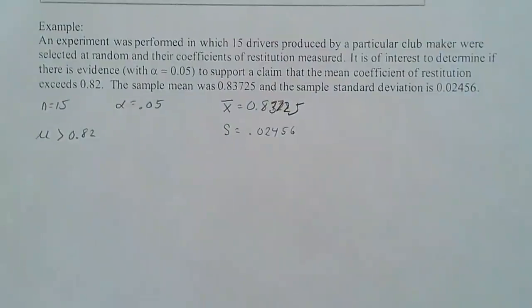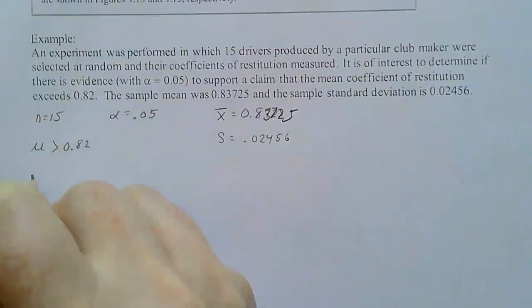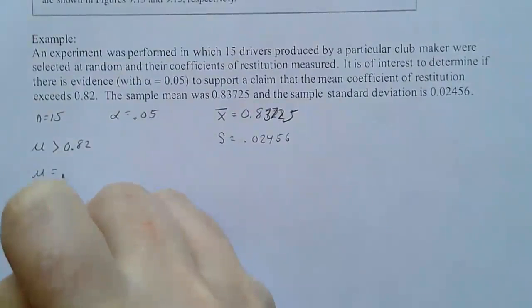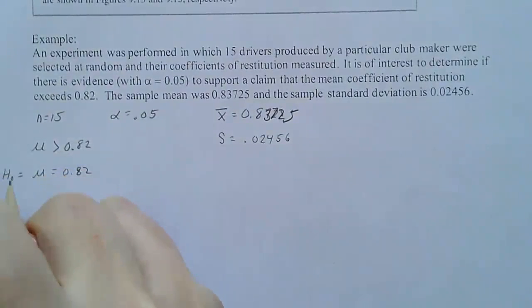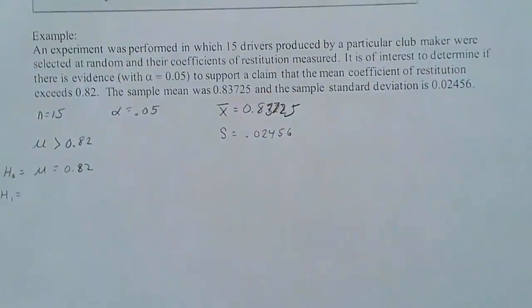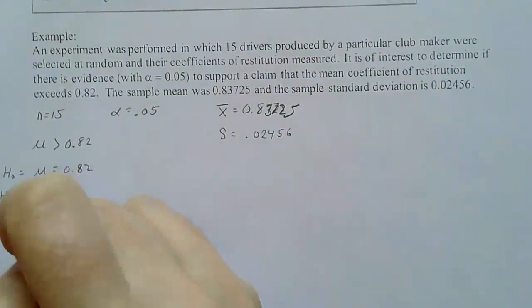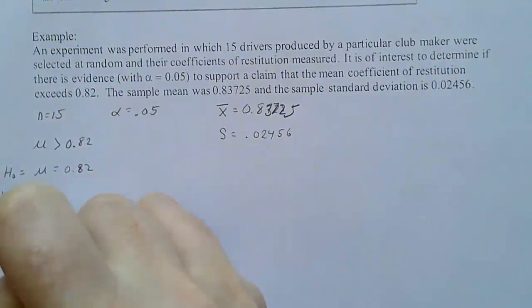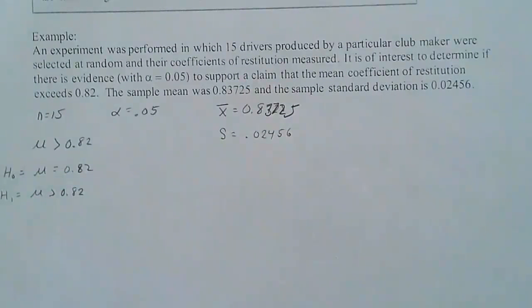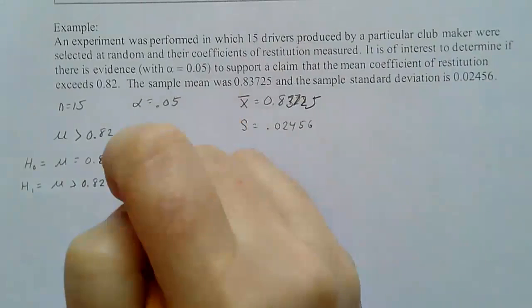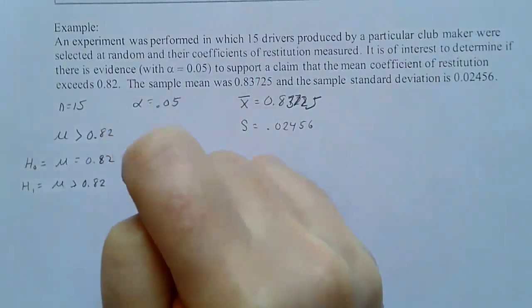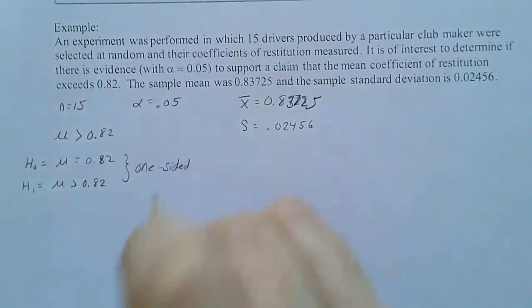Our null hypothesis is that the mean is equal to 0.82, because our alternative hypothesis, the one we're actually checking against, is that the mean is greater than 0.82. This greater than or less than means that we are doing a one-sided test.